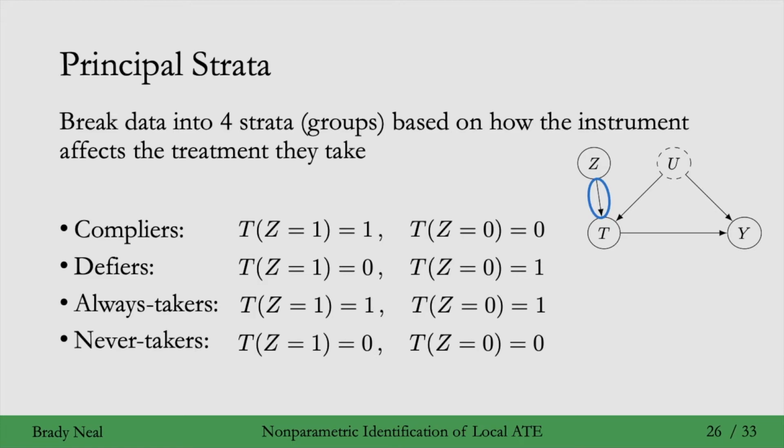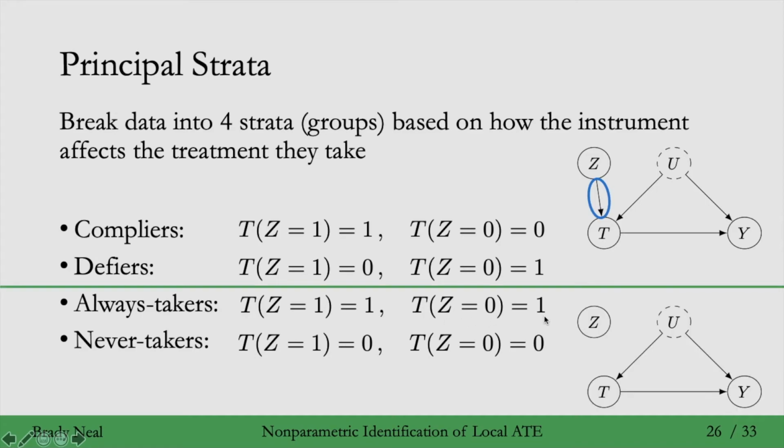And in the causal graph we have on the slide, we have an edge from Z to T. However, that's not the case for all of these different groups. We could draw a different graph for each group. And the graph we have right here is basically just the graph that's a union of all those different graphs' edges. So specifically for the always takers, no matter what Z is, if Z is 1 or if Z equals 0, T is always going to be equal to 1. In other words, Z has no effect on T in the always takers.